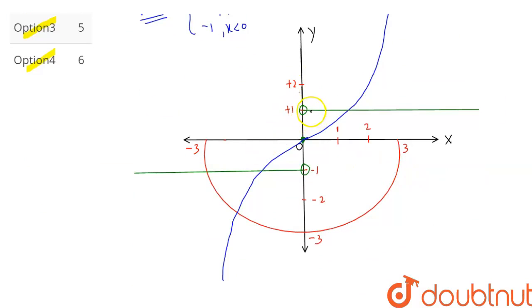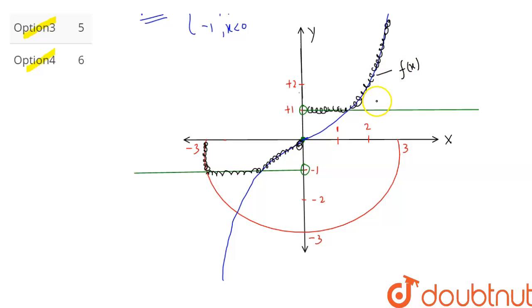In this range we have the maximum value like this, and here we have the maximum value like this, and here like this. So all these black curves represent the maximum of all the three functions at a particular point, and this is the graph of f of x.